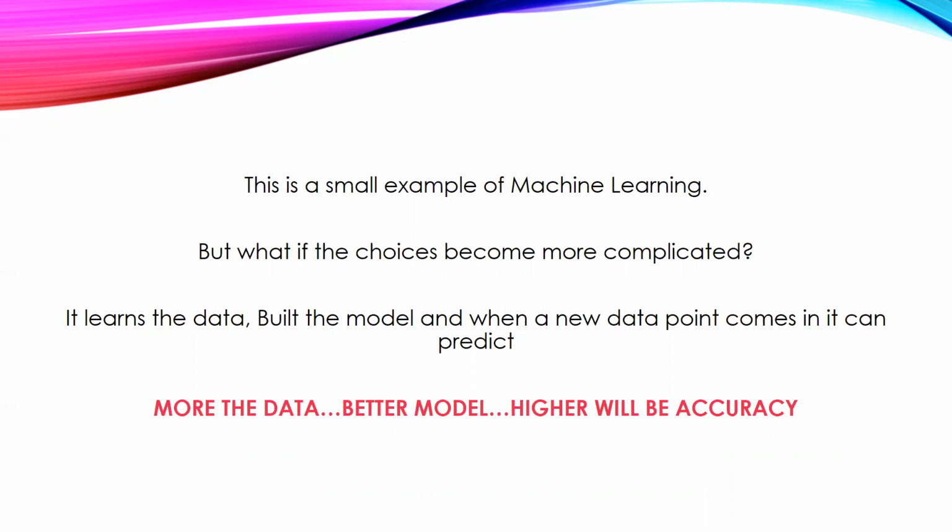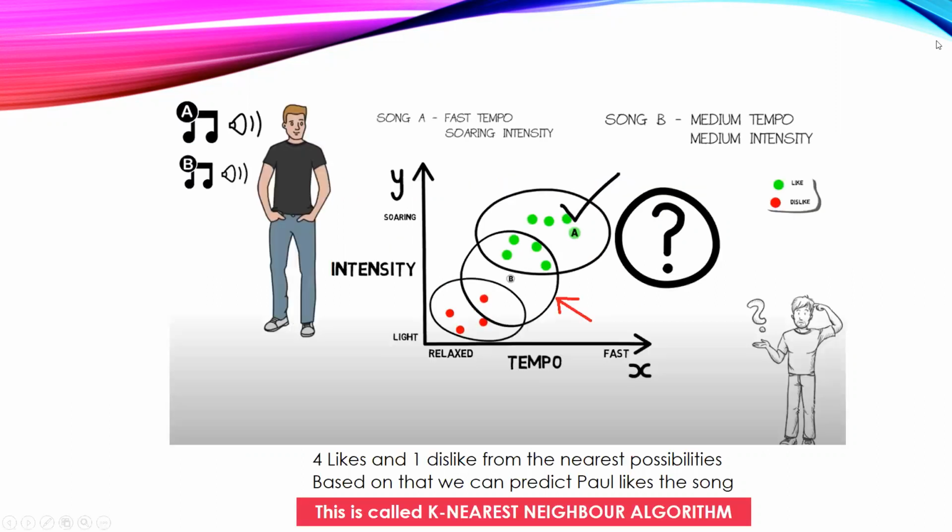What it does is learn the data, build the model, and when a new data point comes, it can predict it. So now it learns that song B is a kind of song he likes. Next time, if another song comes near B, the model, using the K nearest neighbor algorithm, can predict easily.